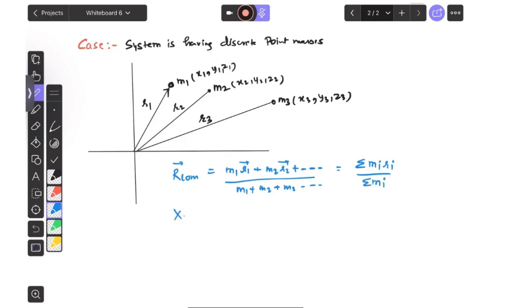Same goes for XCM: summation of Mi Xi by summation of Mi. YCM is summation of Mi Yi by summation of Mi, and same goes for ZCM: summation of Mi Zi by summation of Mi. So this is a simple case that we have seen already.